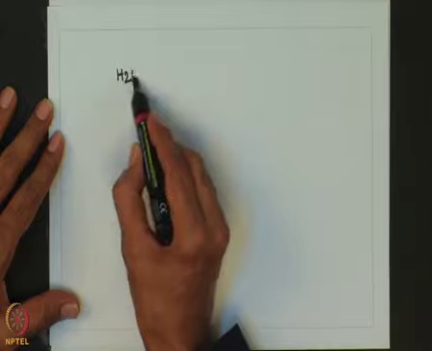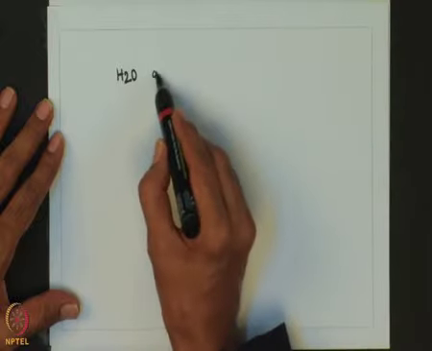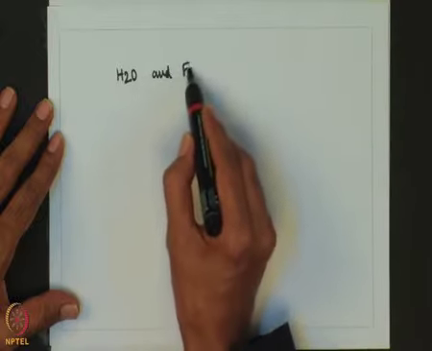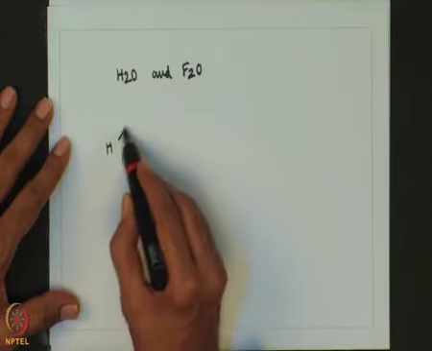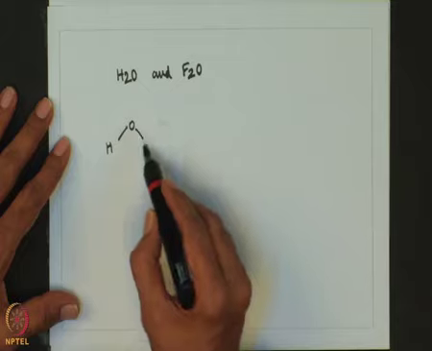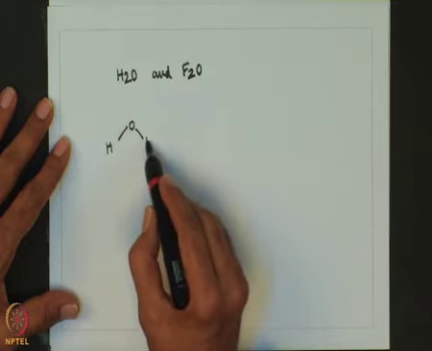Let us look into another example of water and hydrogen difluoride. For example, let us consider H2O and F2O. Of course, both are bent molecules with oxygen having 2 lone pairs.